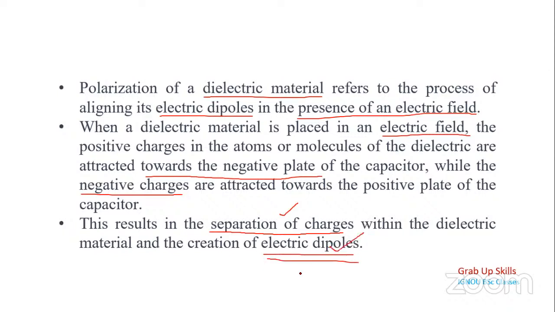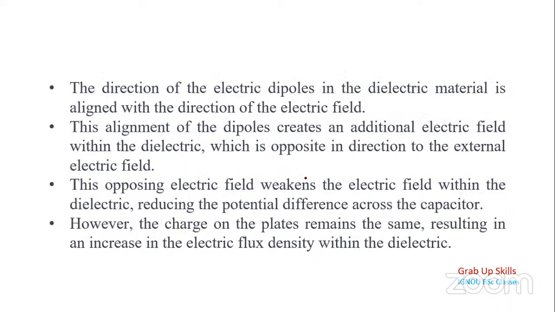The direction of the electric dipoles in the dielectric material is aligned with the direction of the electric field. When the dipoles are aligned in this way, it will create an extra additional electric field within the dielectric.